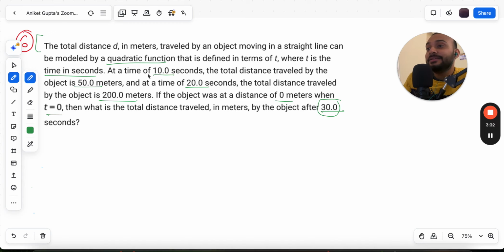Okay, so now they've given us 2 points, but obviously they don't expect us to figure out manually what that quadratic function is. So let's head to DESMOS with what points? 10, 50, 20, 200, and we need to figure out the y coordinate when x is 30. Okay, so let's head to the regression on DESMOS.